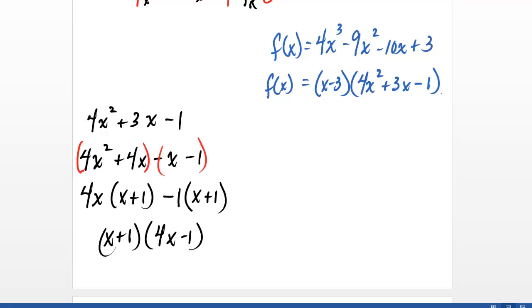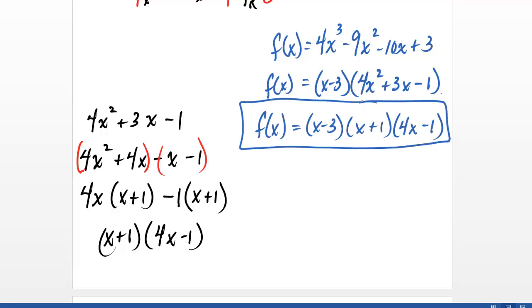Now that I've factored that quadratic, I can go ahead and write the final polynomial as a list of its linear factors, and so I'm going to do that. And that was what we were looking for in the end.